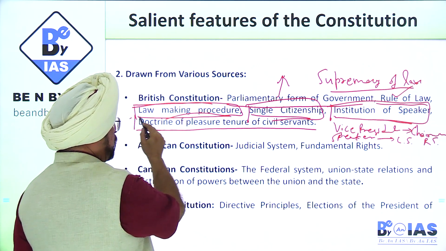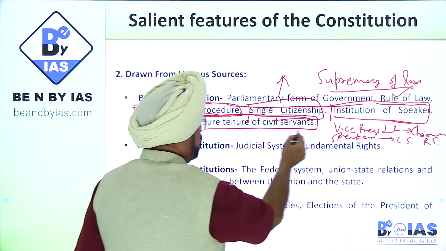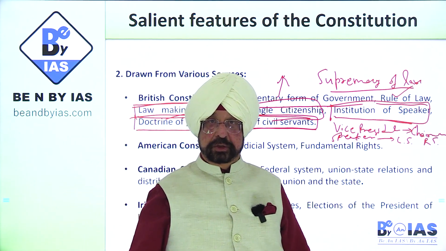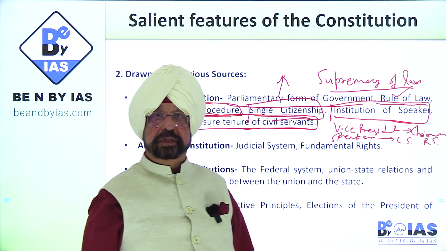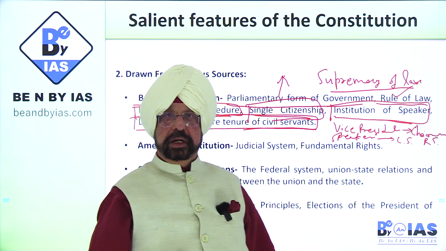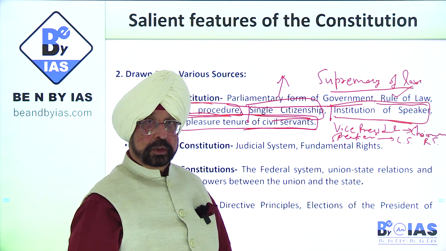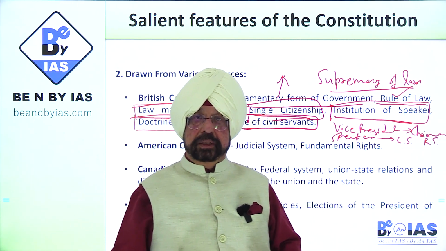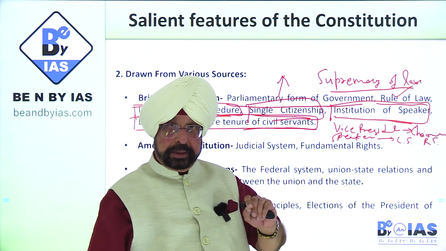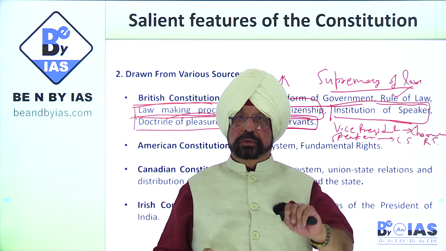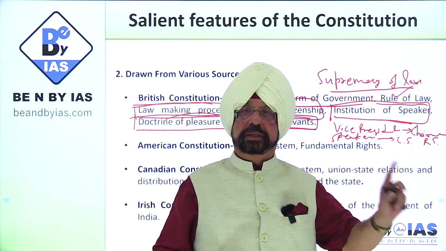Doctrine of pleasure, we will be discussing it when we discuss the services under the union. We have all India services like Indian Administrative Service, Indian Police Service, and Indian Forest Service. So we will be studying. Doctrine of pleasure means that a civil servant will hold the office according to the pleasure of the president.